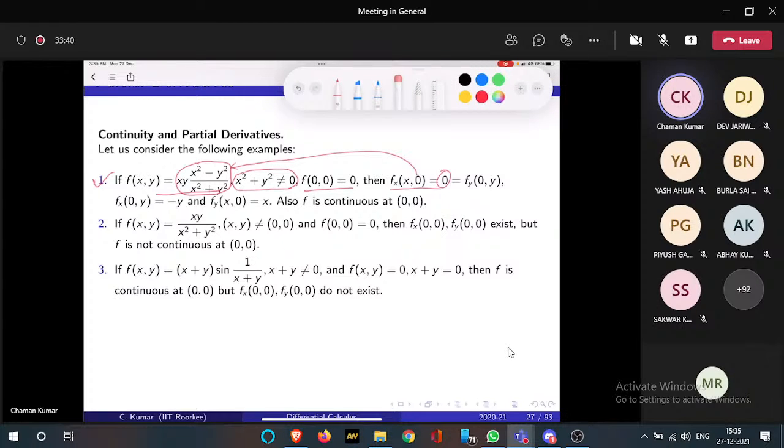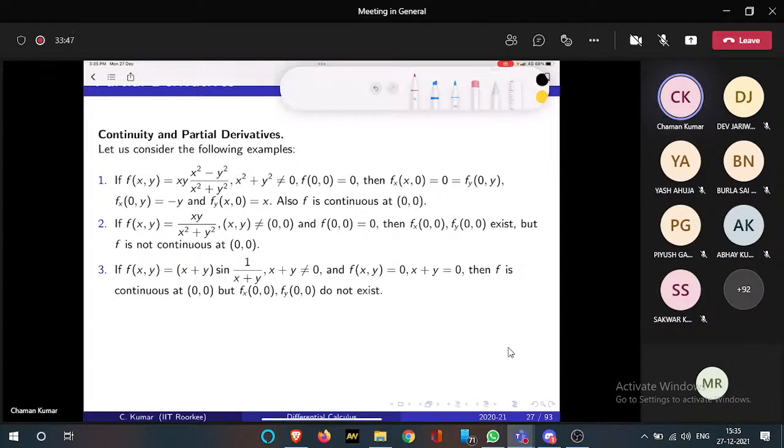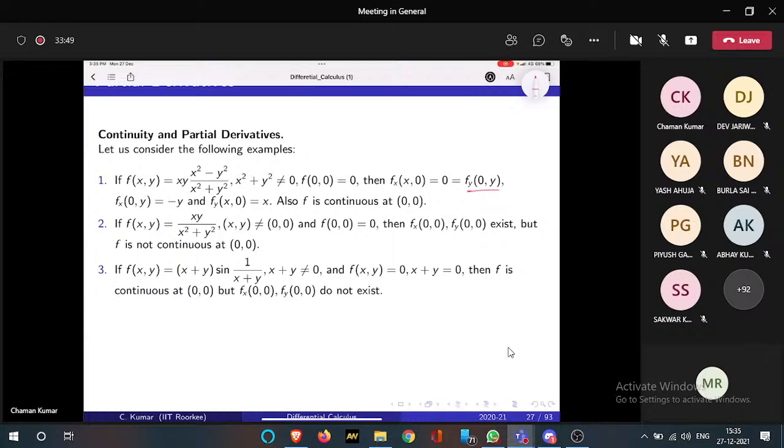Similarly, if you want to calculate the partial derivative of this with respect to y at point (0, y), you put x is equal to 0 here, the function becomes 0, and you get the derivative as 0.